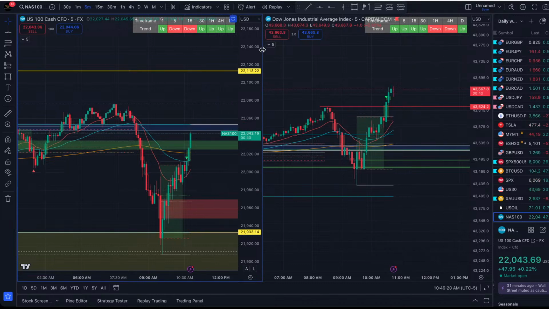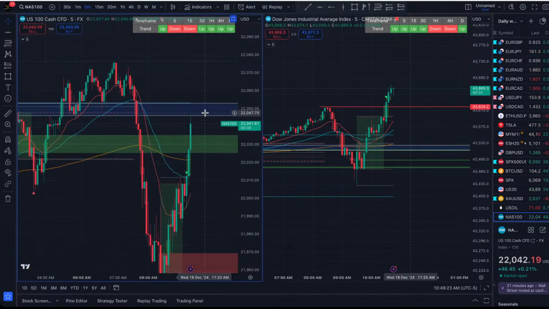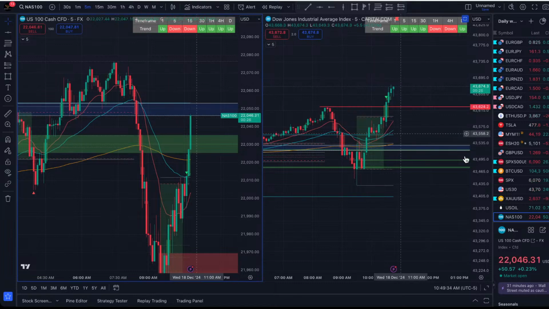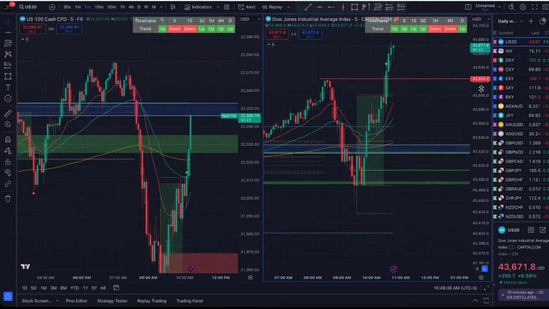And here comes NAS. Is that a coincidence? Are you starting to think that's a coincidence? That it just came into our blue zone? Or do you think that's an algorithm? And for those people that always talk about buying and selling pressure, what buying and selling pressure is here?